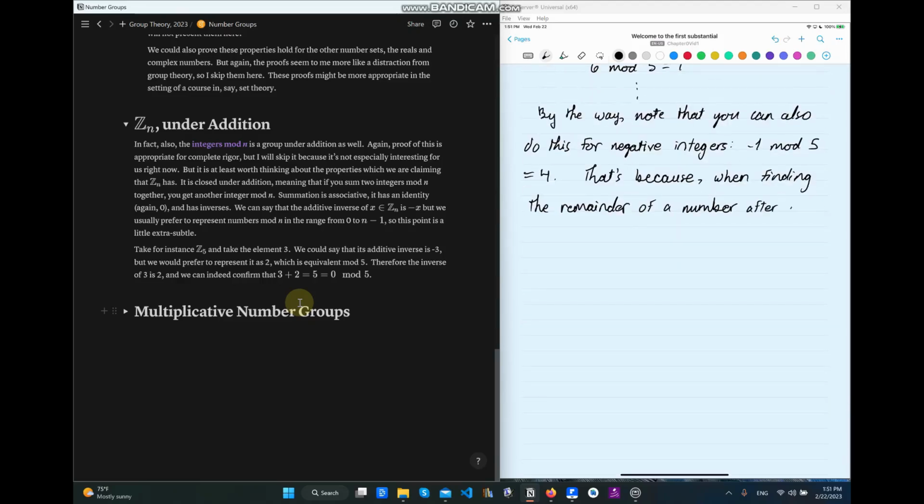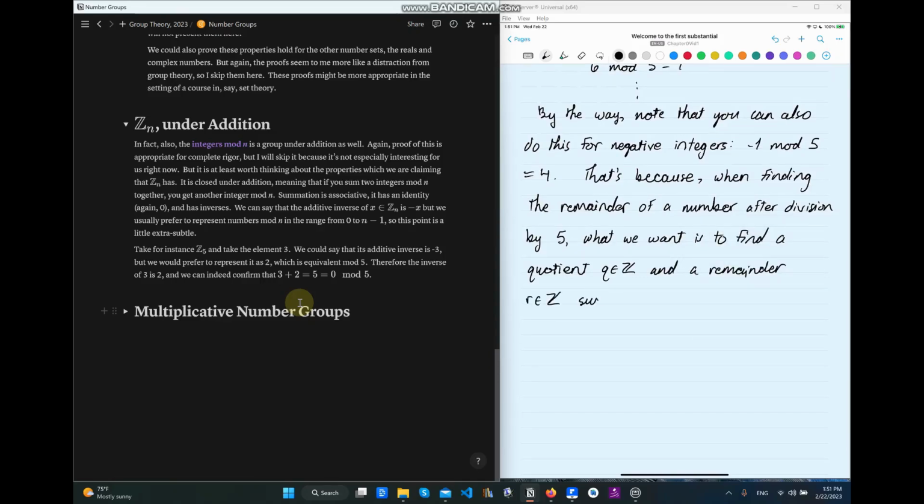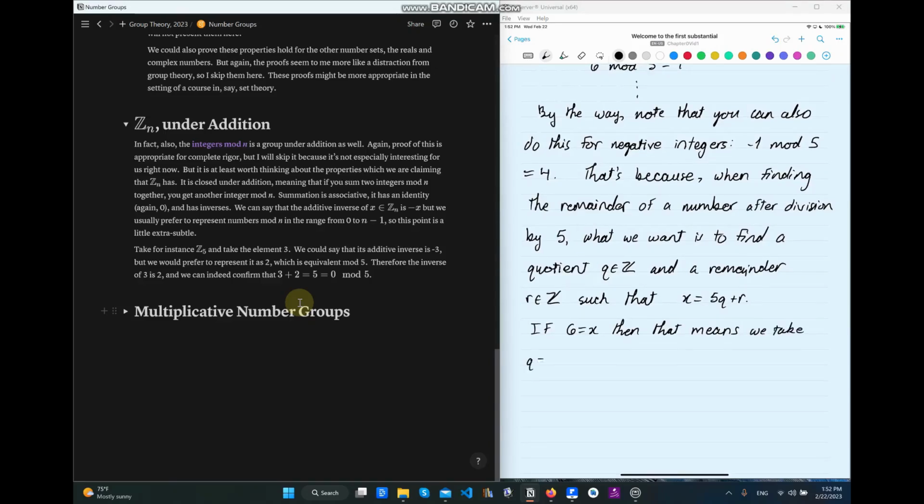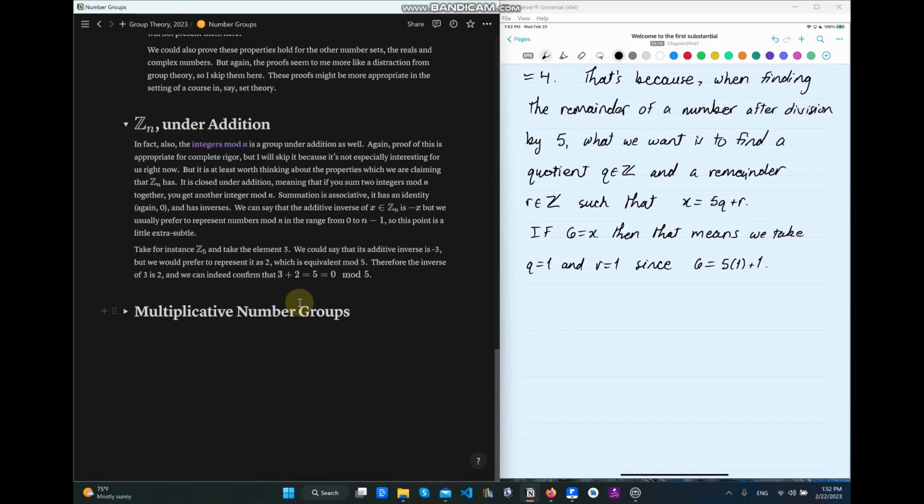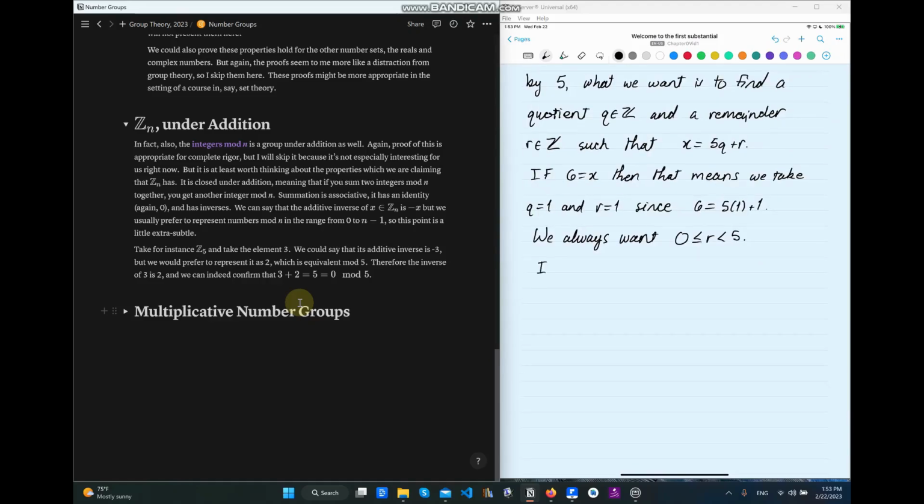That's because when finding the remainder of a number after division by 5, what we want is to find a quotient q, which is some integer, and a remainder, also an integer, such that x equals 5q plus r. Now, if x is 6, then what that means is we take q equal to 1 and r equal to 1, because with those choices of q and r plugged in, we get 6.